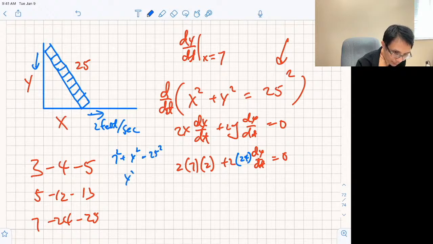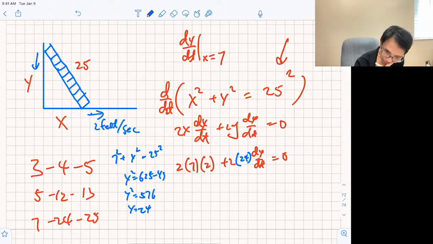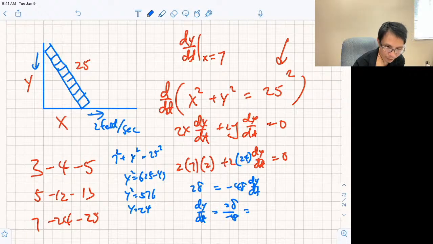That's going to be y squared equal to 625 minus 49, and y squared is 576. y is equal to 24, plus or minus, but in this case it's plus. So 28 is equal to negative 48 dy/dt. So dy/dt is going to be 28 over minus 48, which is negative 7 over 12.